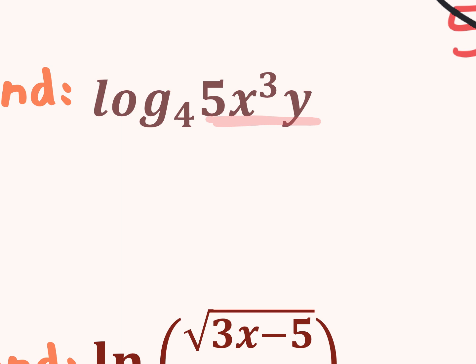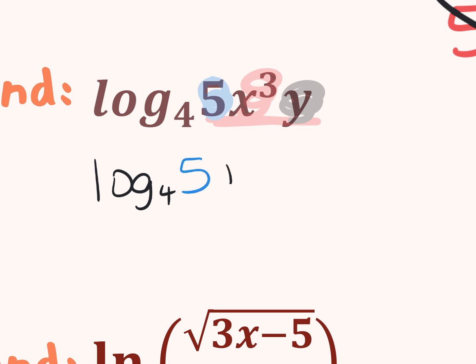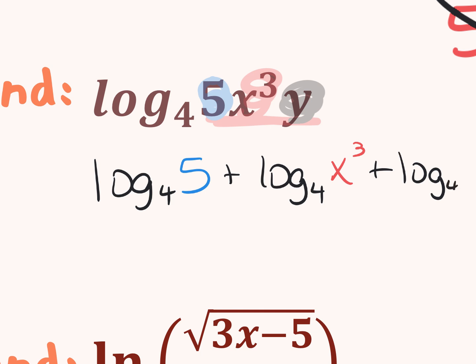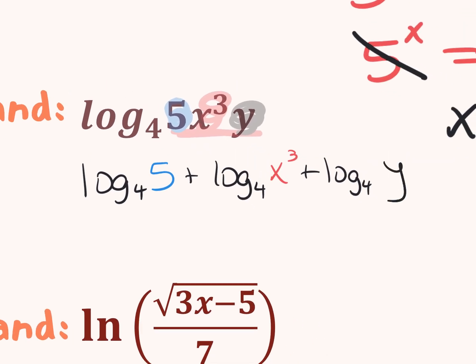So each one of these terms here is going to get its own log base 4. So I'm actually going to separate this into 3 different things. I'm going to write log base 4 with the 5, and then plus log base 4 with the x to the 3rd, plus log base 4 for the y.